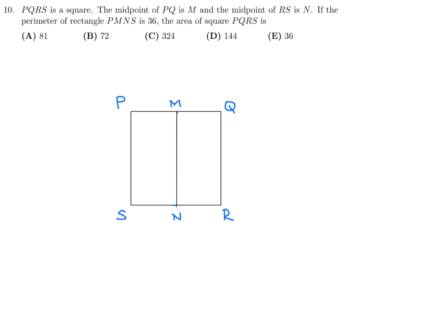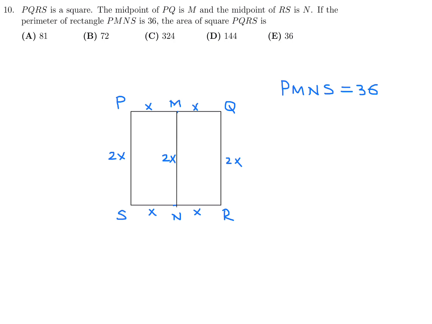Okay, well, it's a square, so all the sides are the same. So this is x. This is x. This would be 2x, right? All the sides have to be the same. And then the distance from M to N is also going to be 2x. So the perimeter of PMNS is 36.